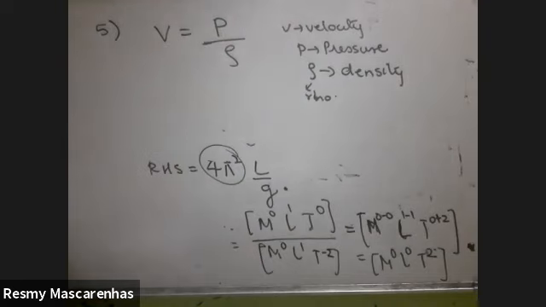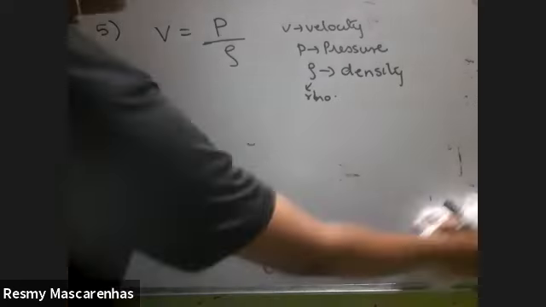If you don't remember what pressure is, at least if you know that pressure is force upon area, and you know the dimensions of force and area, you can calculate. Practice till you get perfect with it. So take the left hand side. That is simple, straight away just one dimension. Nothing to calculate.